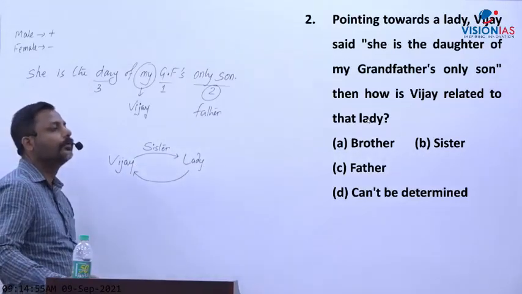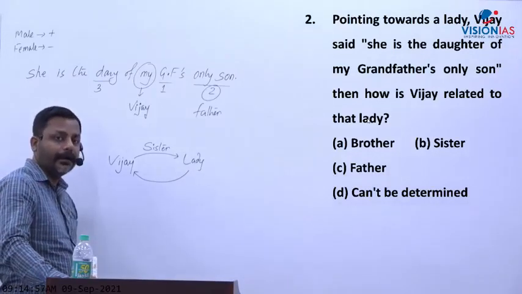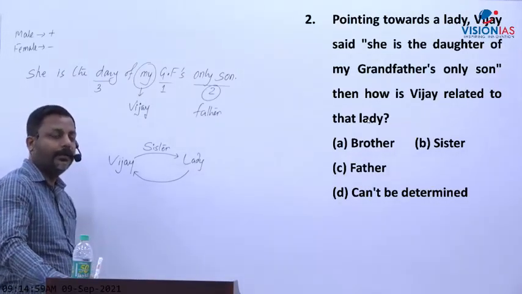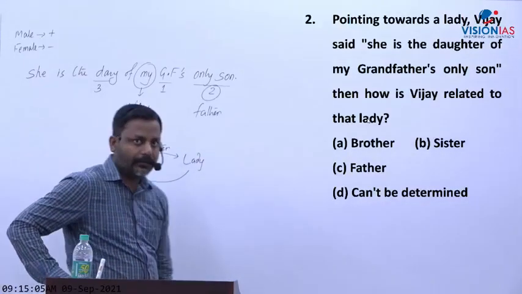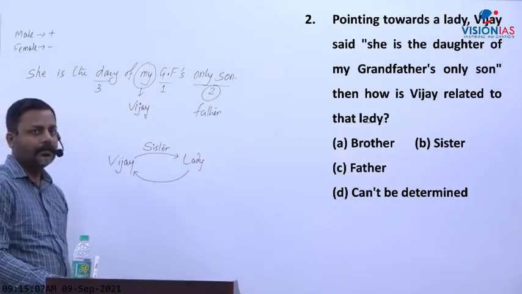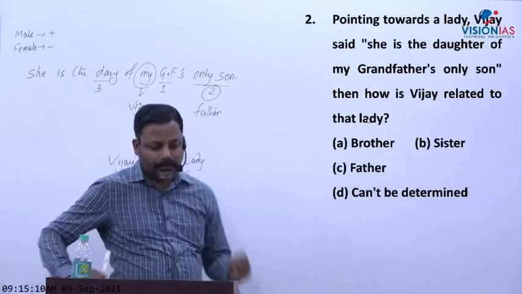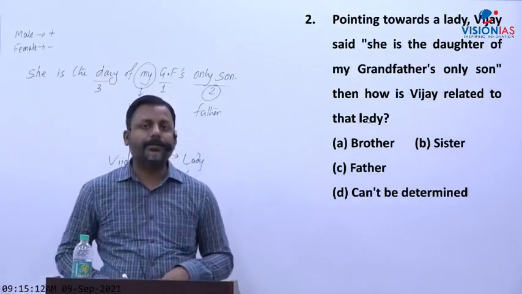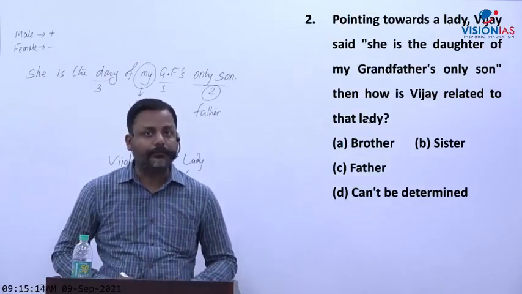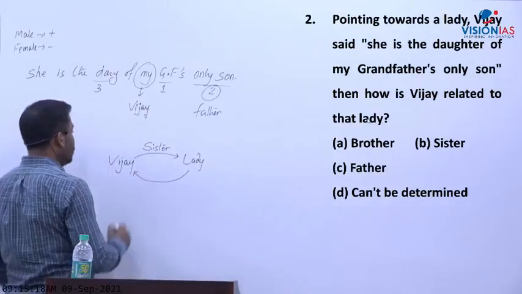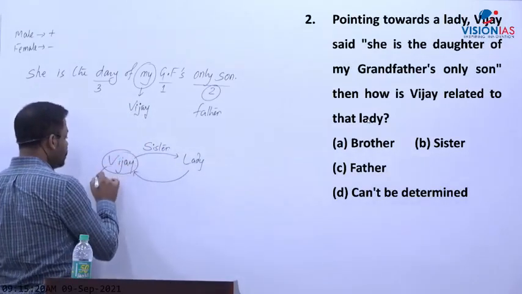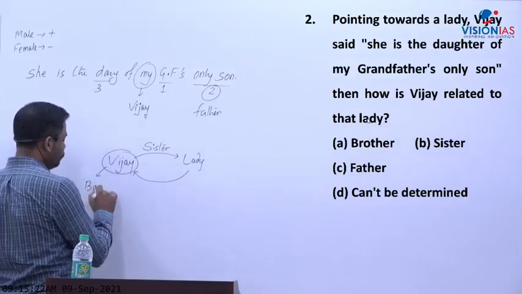See, whenever you find a name of any person, we cannot determine gender from the name of the person. Always remember this. If a name of a person is mentioned, we cannot determine the gender of the person from the name. Since here the name is Vijay, we cannot confirm whether Vijay is a boy or a girl.